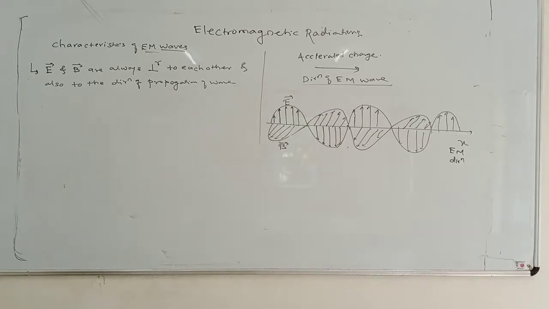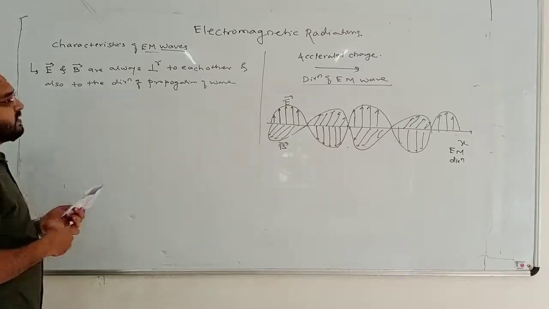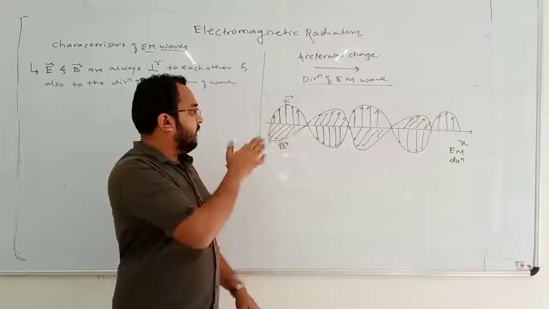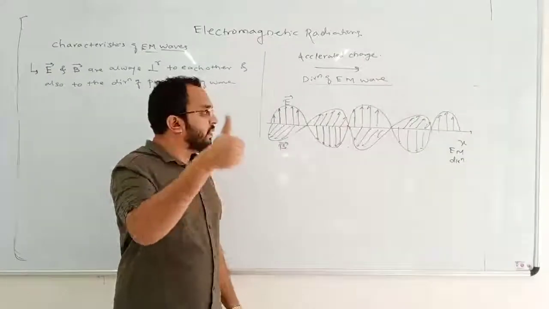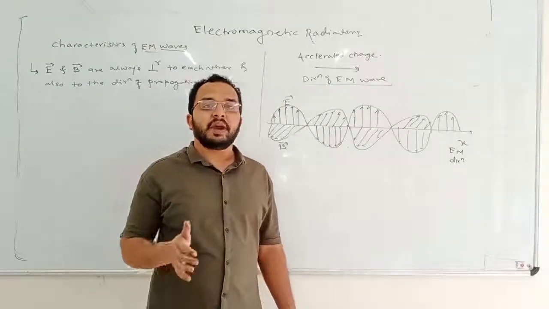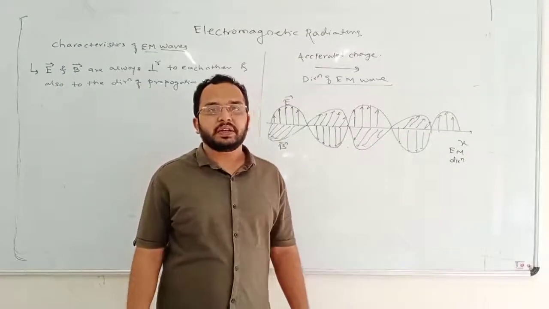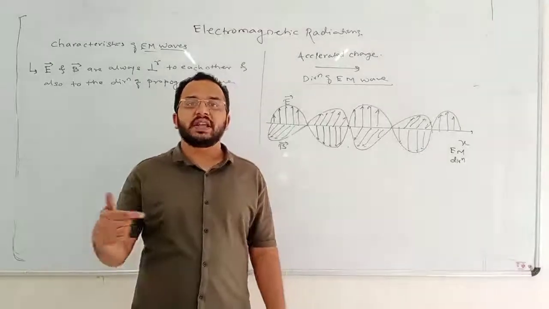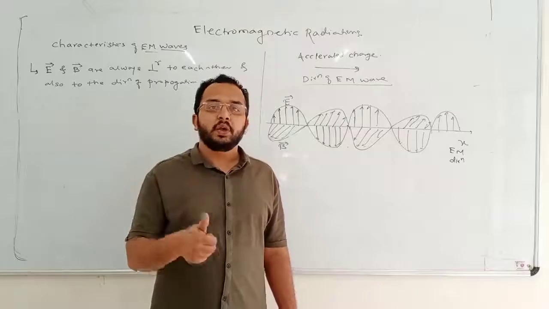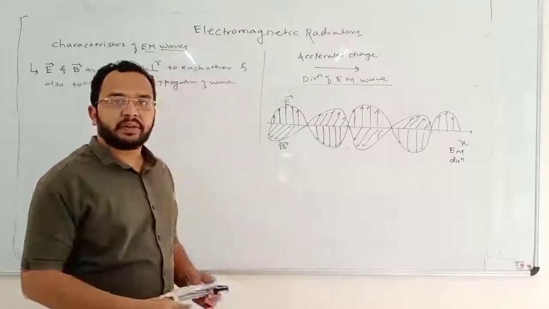Now next point. As these three are perpendicular to each other, we can say E cross B will be the direction of electromagnetic waves. E cross B is the vector product. In vectors we have seen, when two vectors are mutually perpendicular to each other, then their vector product will be the vector which is perpendicular to the initial vectors.